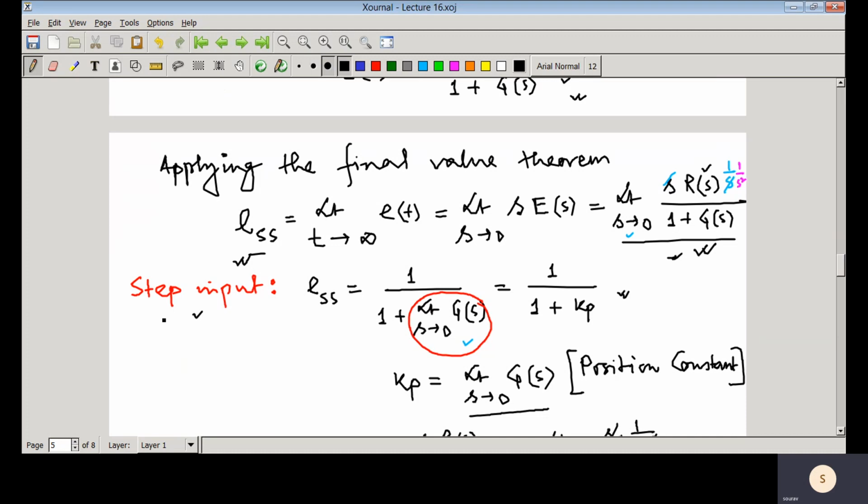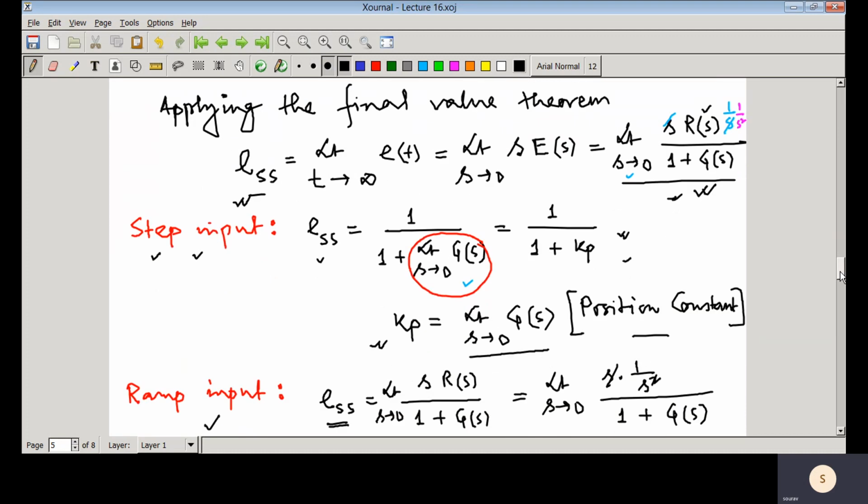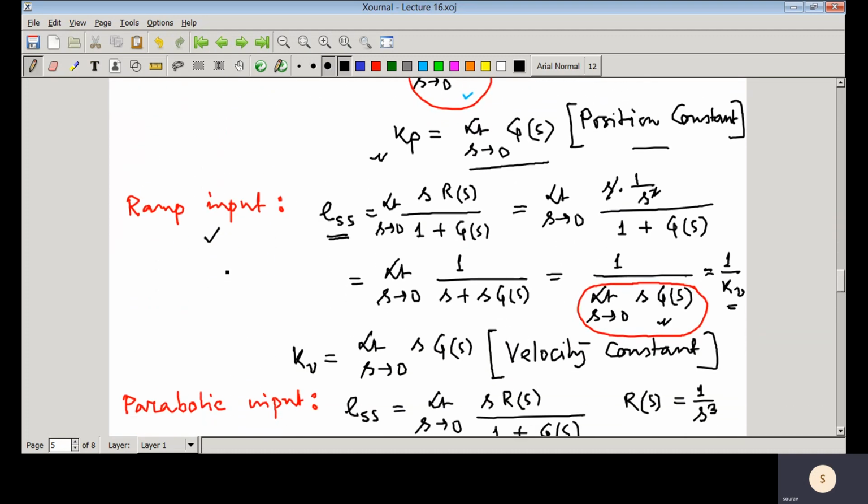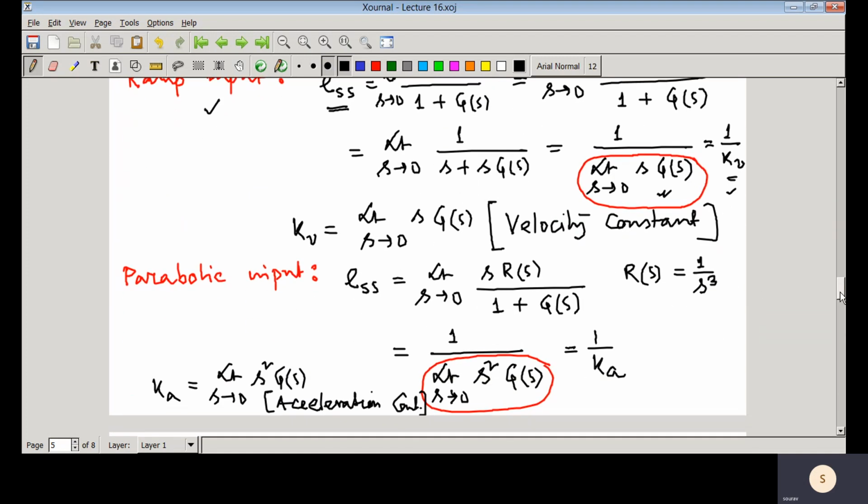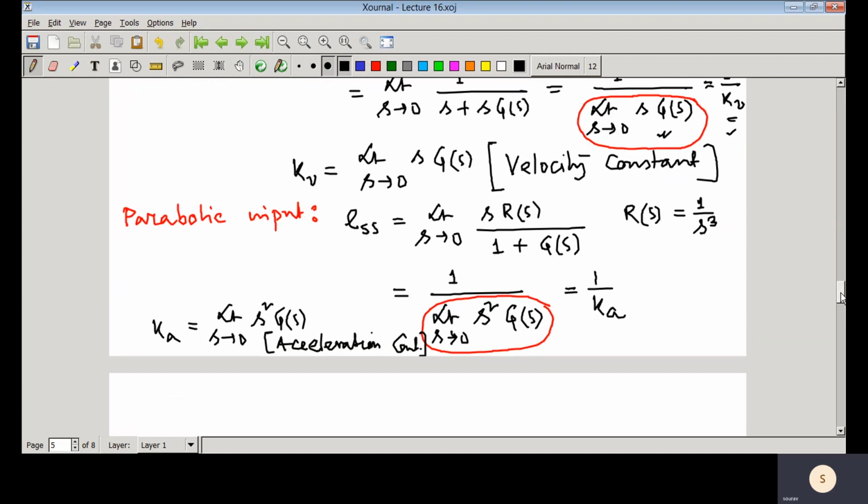If we apply a step input, the steady state error is 1 by 1 plus Kp, where Kp is the position constant, defined like this. For a ramp input, the steady state error is 1 by Kv, where Kv is the velocity constant. And in case of a parabolic input, it is 1 by Ka, where Ka is the acceleration constant.